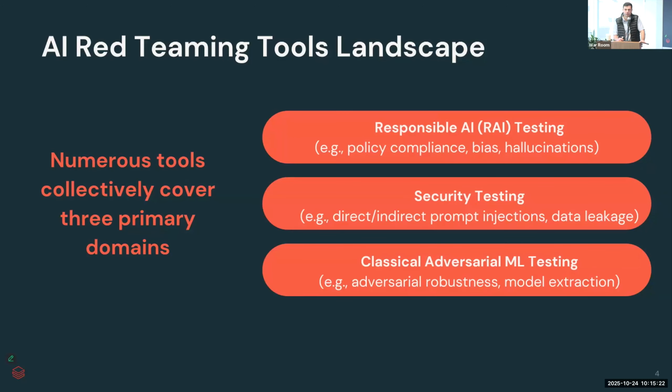Then there's security testing for AI models and systems, which can include direct and indirect prompt injections, privacy leakage, and data leakage, or pickle file scanning and things like that. And then we also have classical adversarial ML testing, because there are, of course, still classical machine learning classifiers that need to be tested for adversarial robustness and model extraction.